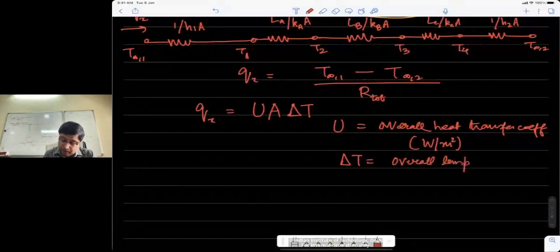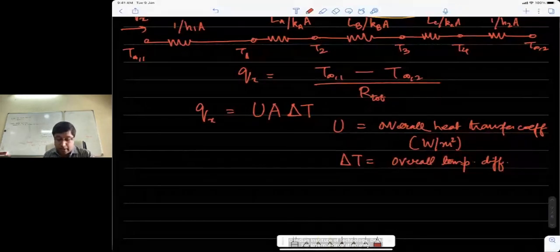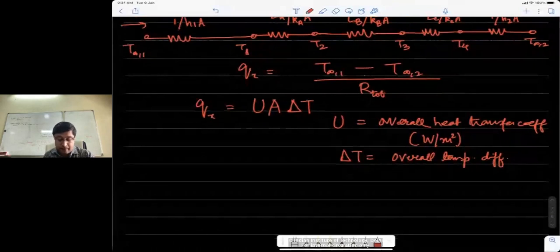In our problem, it would be T infinity 1 minus T infinity 2. It is done very often in this way.